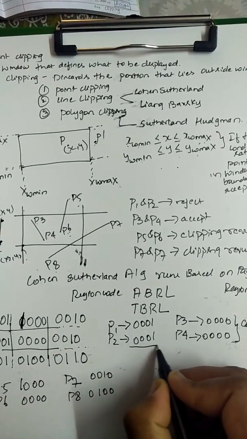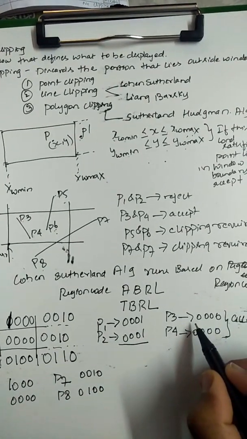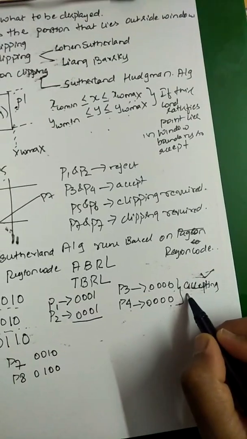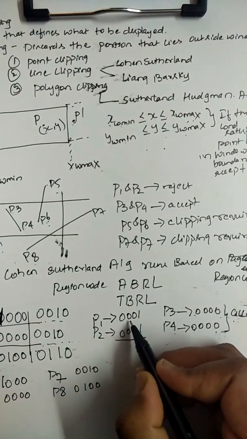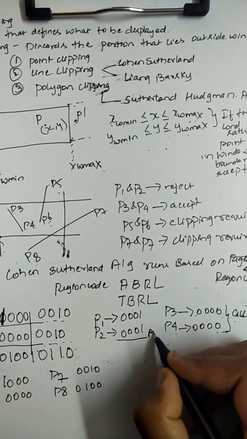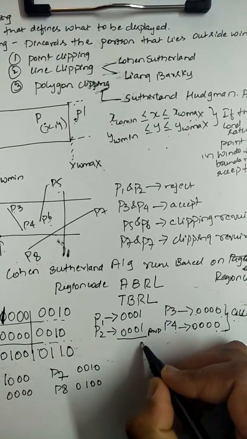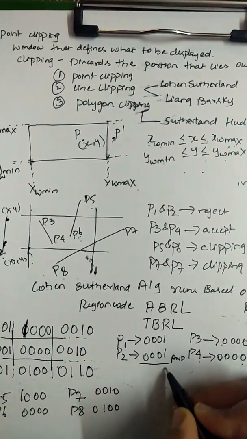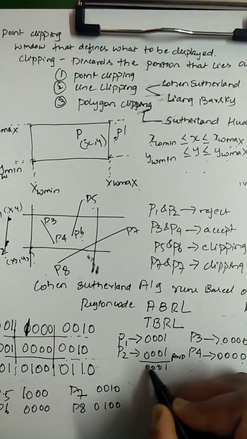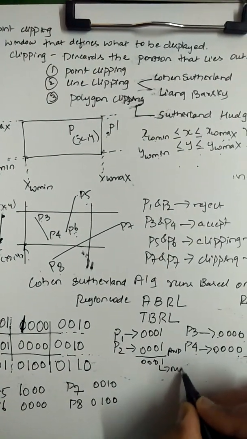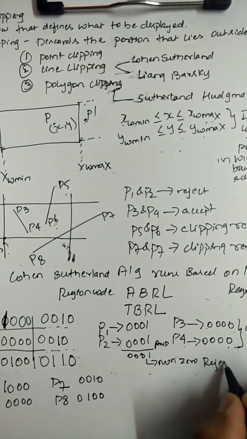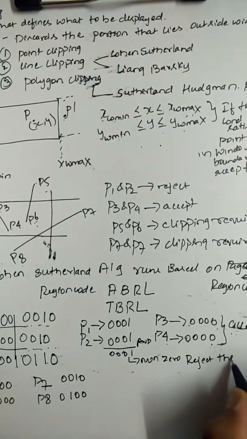So as I said, if both endpoint region codes are 0000, accept it. Else perform an AND operation. The result is non-zero. So in that case, reject the line.